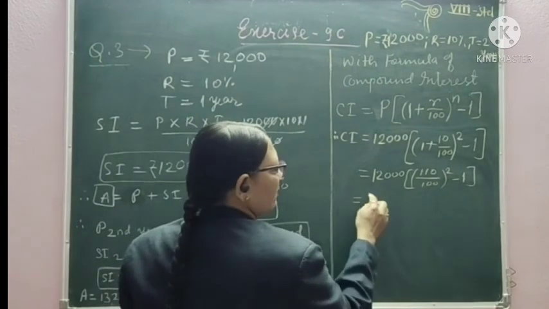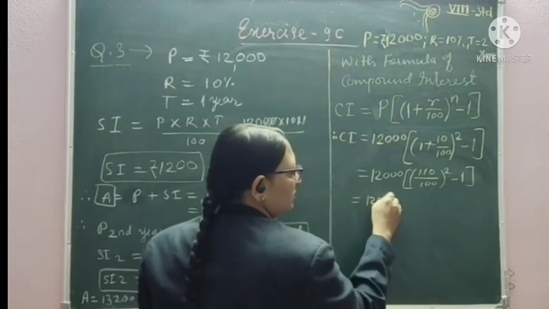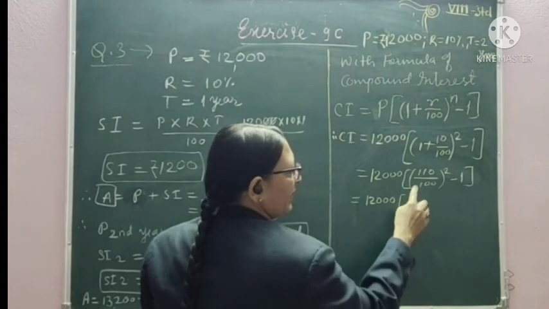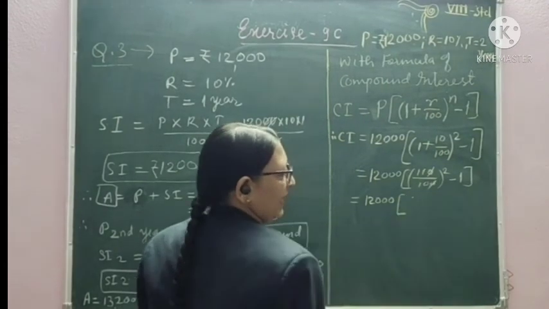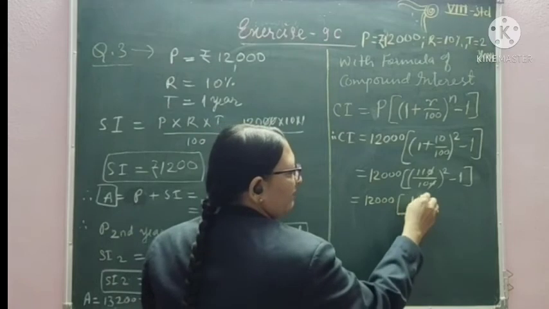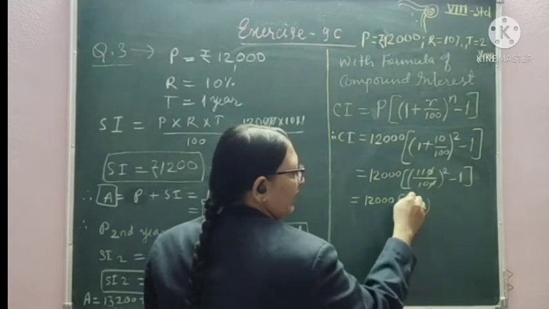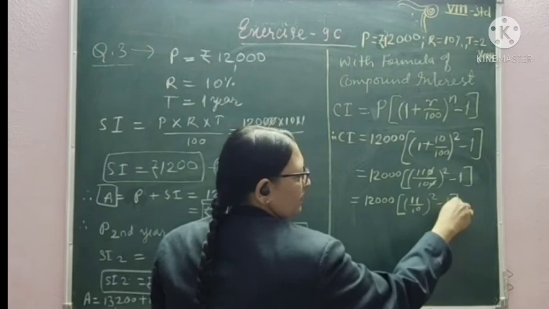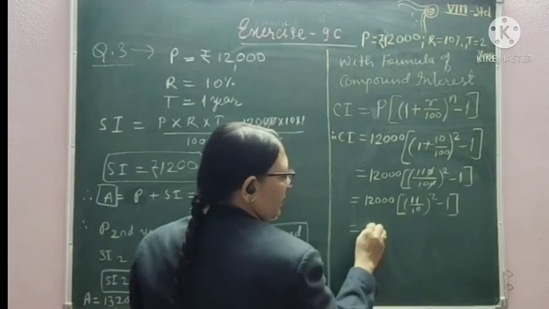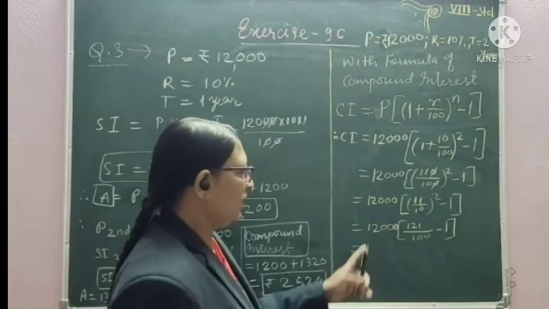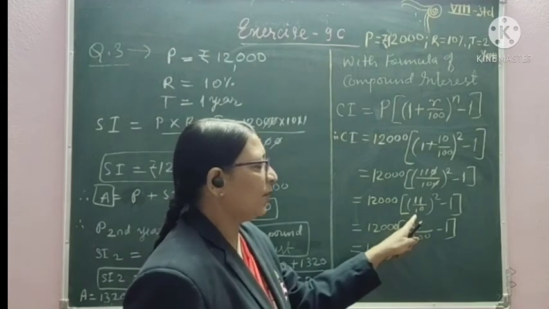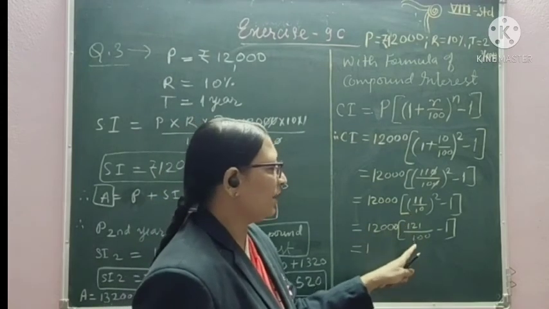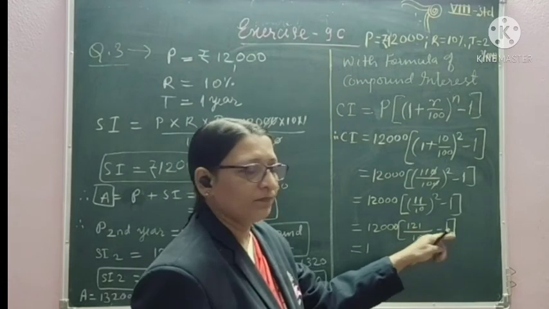Now the next step, 12,000 in the bracket, here 0 cancels. So 11 upon 10 bracket square minus 1. The next step. So here 12,000 multiplied by 11 square upon 10 square, that is 121 upon 100, minus 1.